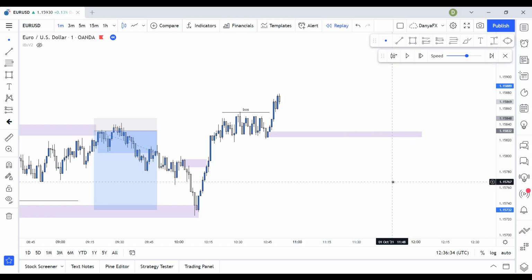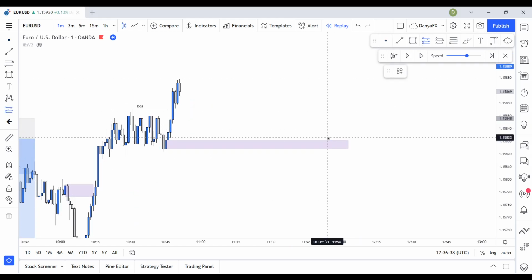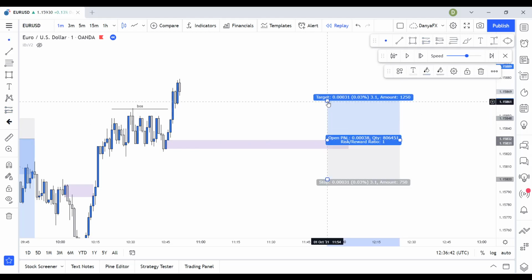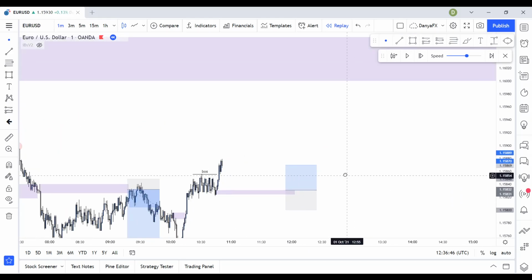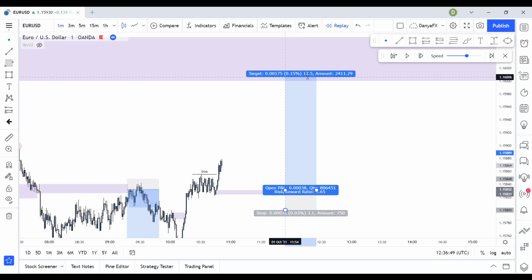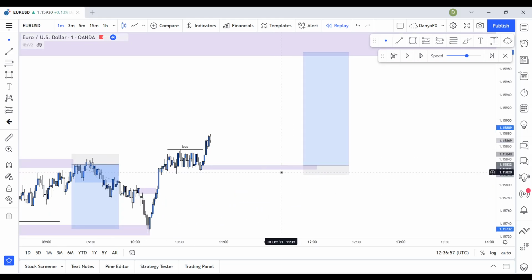Here. So we, as I said, we can put buy limit order just on the top of the order block, and our target is 1.5 pips at least, so we have a room to breathe.